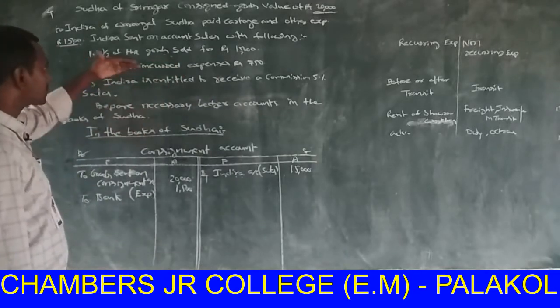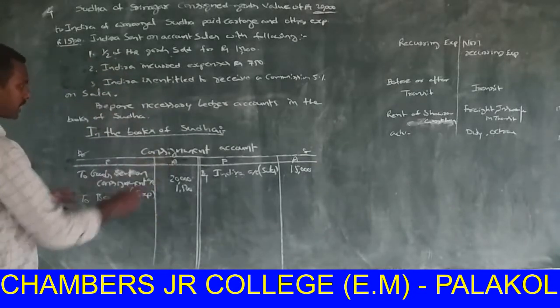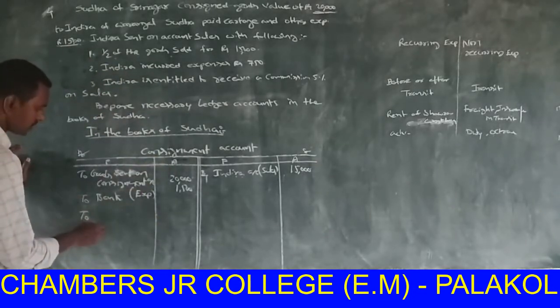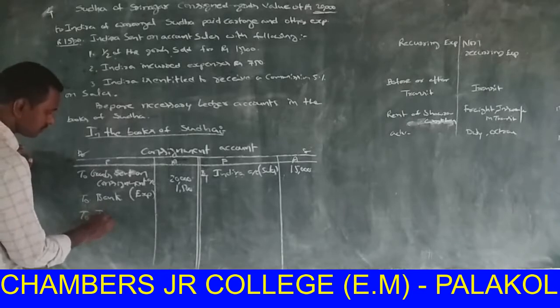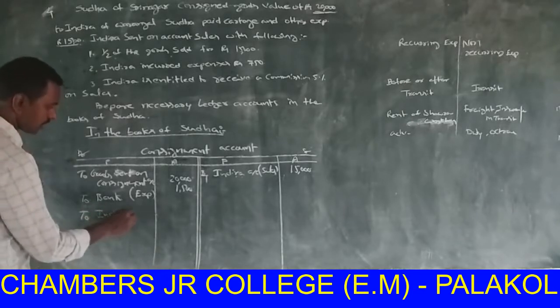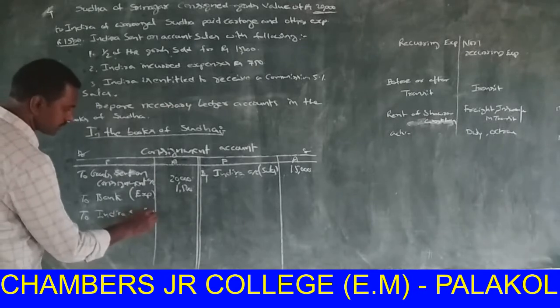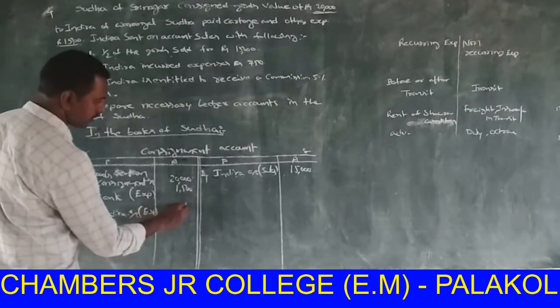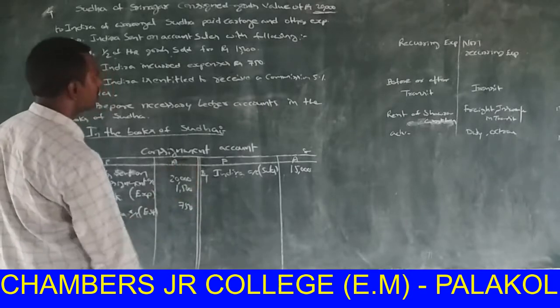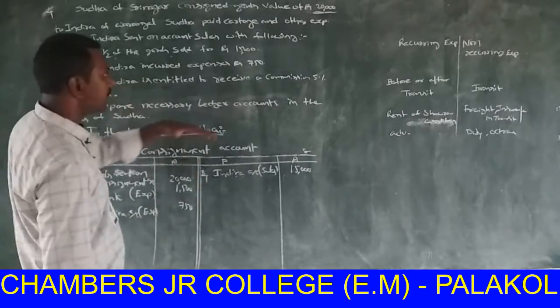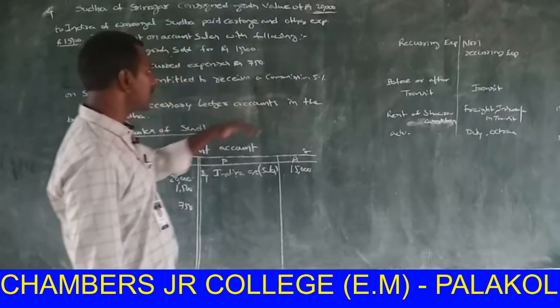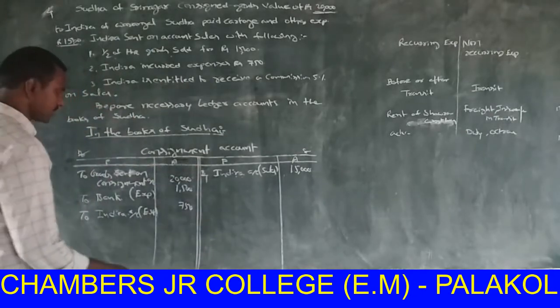Next, Indira incurred expenses of rupees 750. Here the consignee expenses are 750. It is also debited in the consignment account, to Indira account, in brackets expenses, rupees 750. Indira is entitled to receive a commission at 5% on sales.